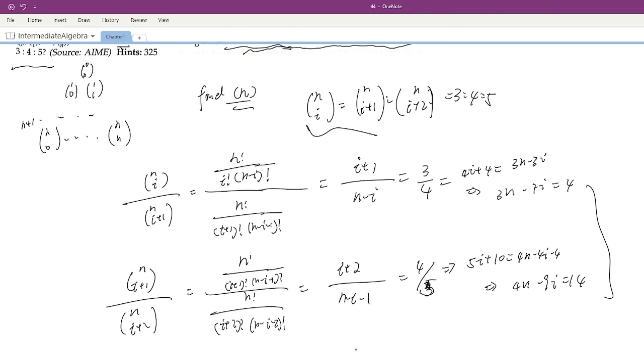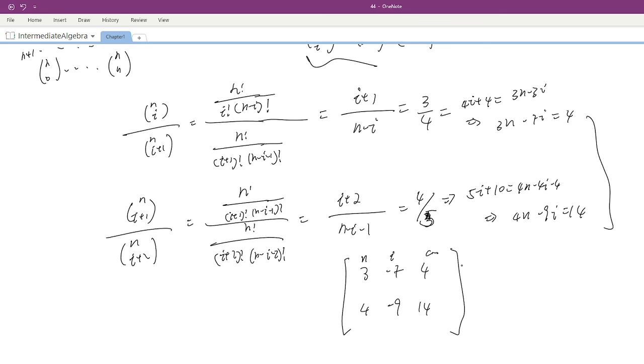Okay, now we do the n, i, and the constant. So we have 3, negative 7, 4, and 4, negative 9, 14. Okay, now we do Gauss elimination. Let's cancel out this one, so times negative 4 over 3.